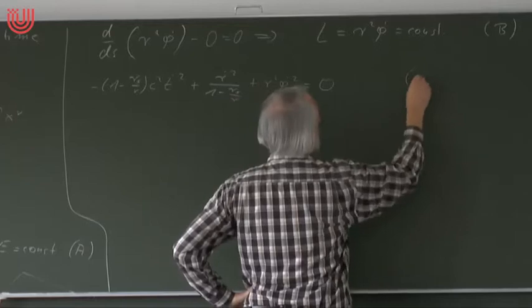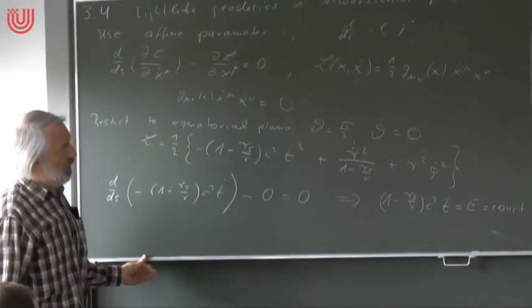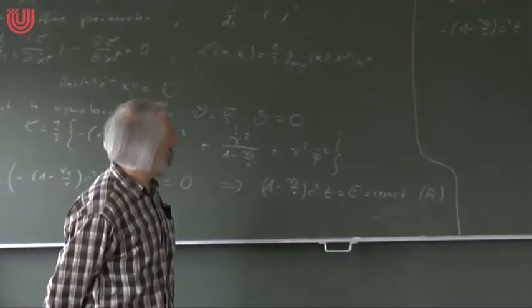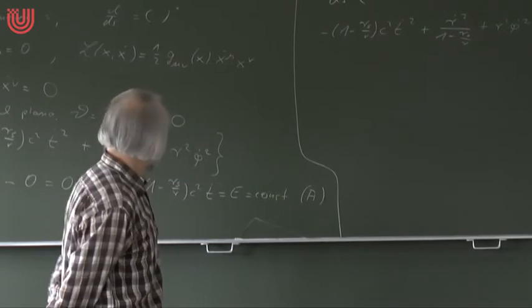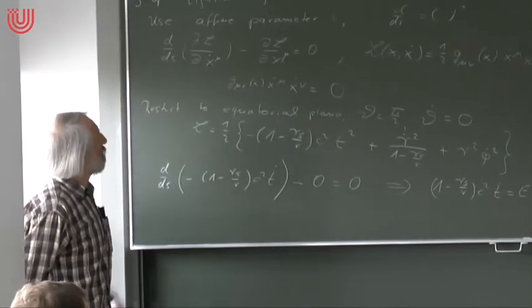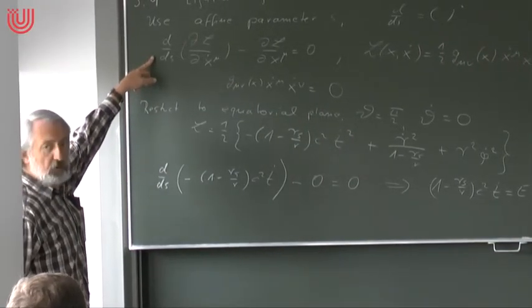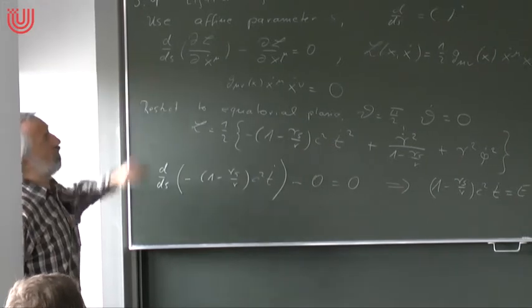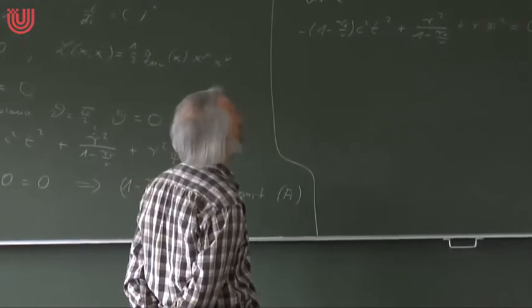That's our new equation C. So we have 3 equations for the 3 quantities t dot, phi dot, and r dot. So we can determine the orbits from these 3 equations. There's another equation which is valid, the r component of the Euler-Lagrange equation, but that's dependent. It doesn't give any additional information, as you may check if you like to do so.